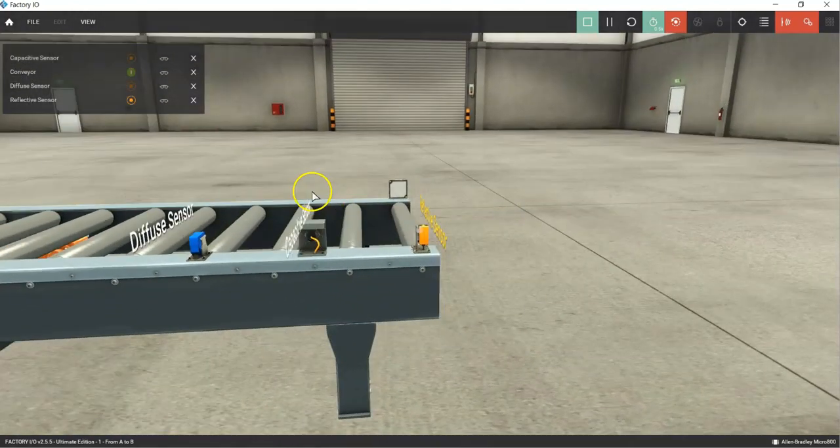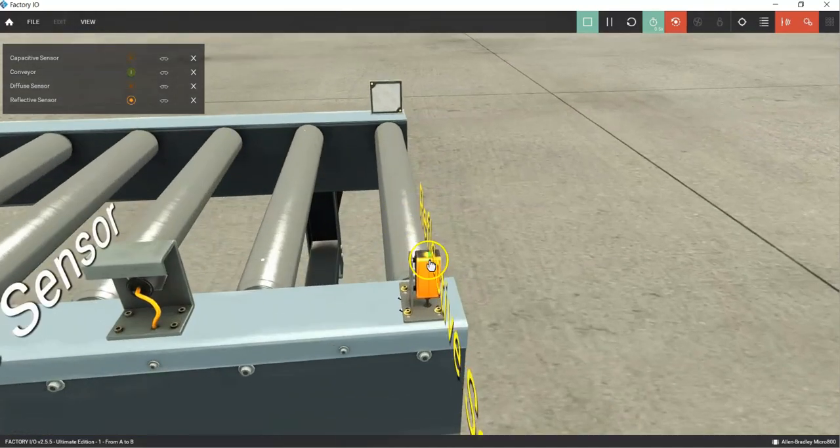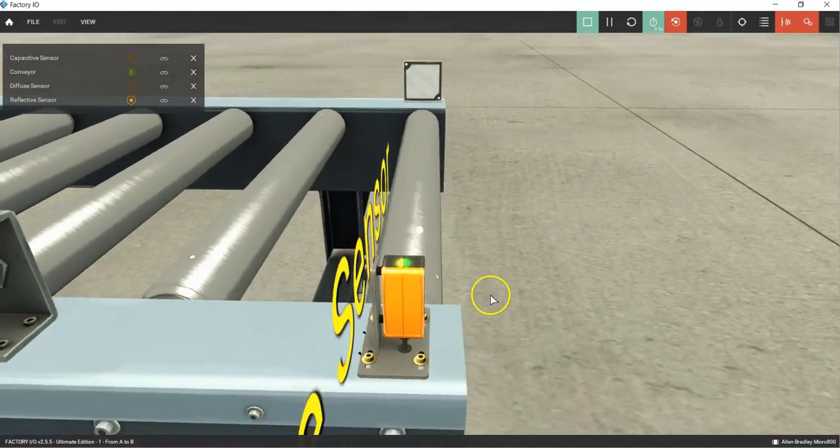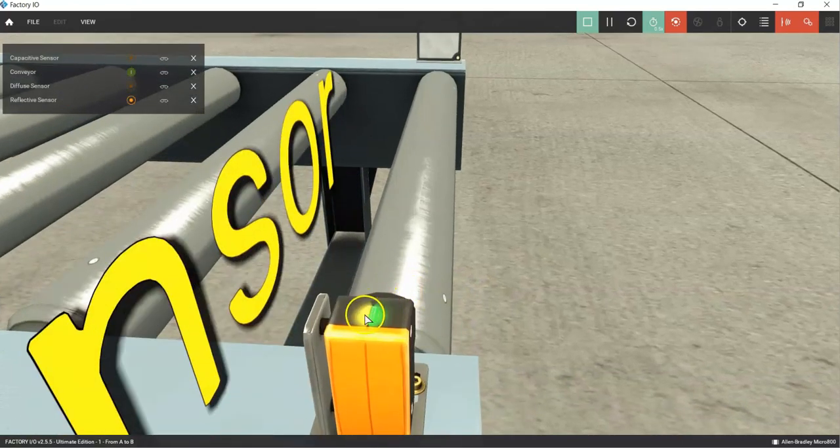One other thing to show you is there are some indicating lights on these sensors, which obviously are very hard to see when you're not zoomed in. But we have a green and a yellow light here. So one of these is telling us that the sensor is aligned. The green LED is saying that it's aligned. So basically, it's just saying, hey, I'm aligned with the reflector.